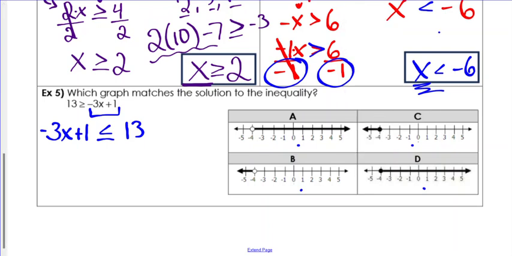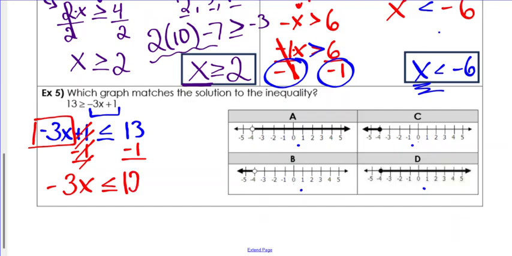And now I'm going to solve. I'm going to first box in my negative 3x and cancel out the other term, which is that plus 1, by subtracting 1 on both sides. Plus 1, minus 1, cancel each other out, leaving me with just the negative 3x is less than or equal to 12.